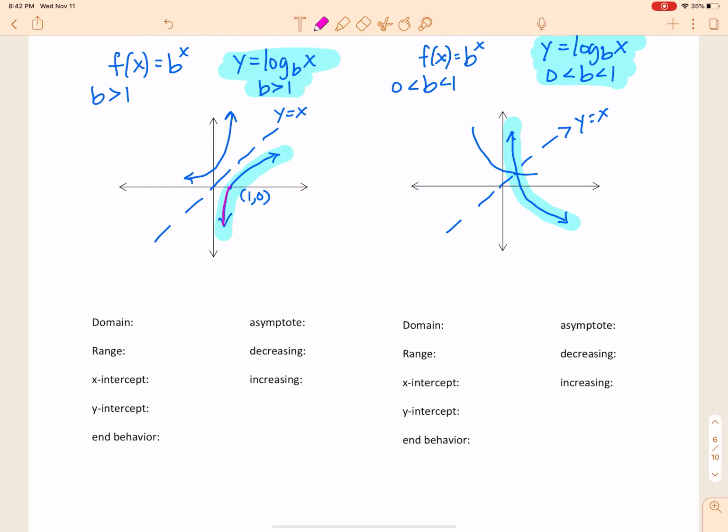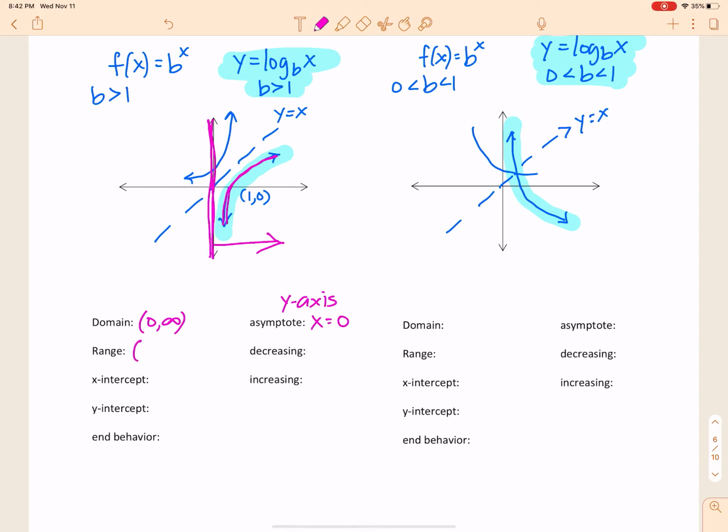Remember I'm looking at this graph right here. My domain is now going to be from 0 to positive infinity because I only have the graph to the right of the y-axis. And this time I'm going to have an asymptote at x equals 0, which is essentially the y-axis. So now the y-axis acts as an asymptote.